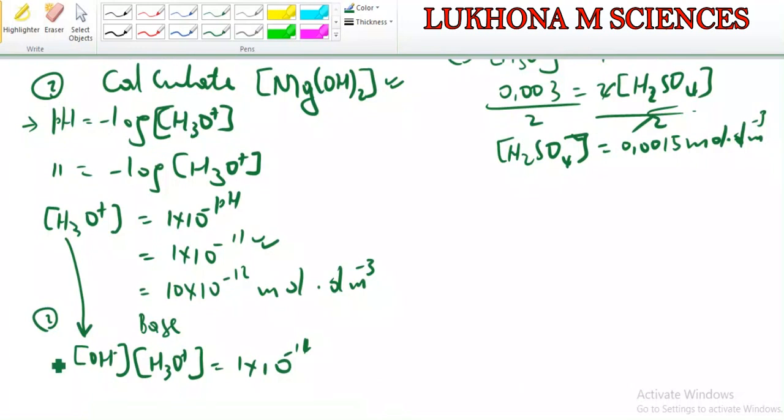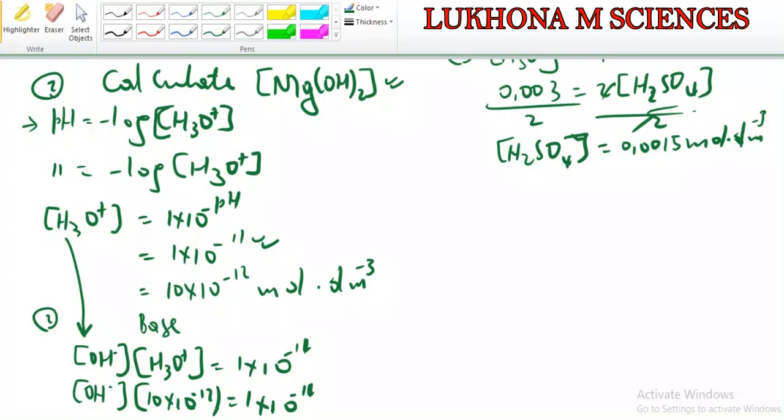Then we substitute. We are looking for OH minus; the concentration of H3O+ is 10 times 10 to the power negative 12, and this equals 1 times 10 to the power negative 14.